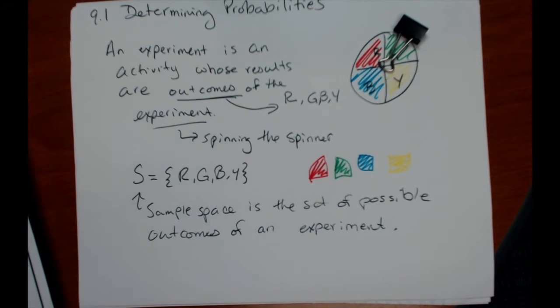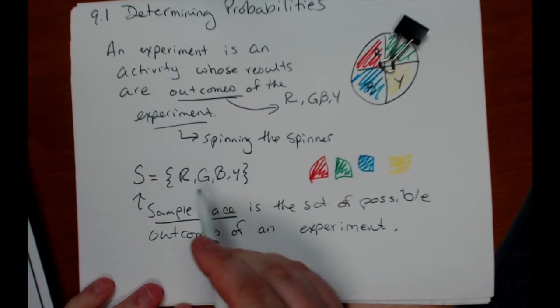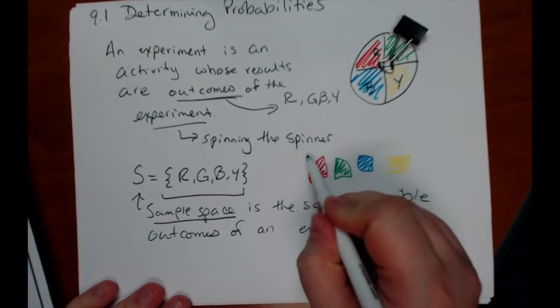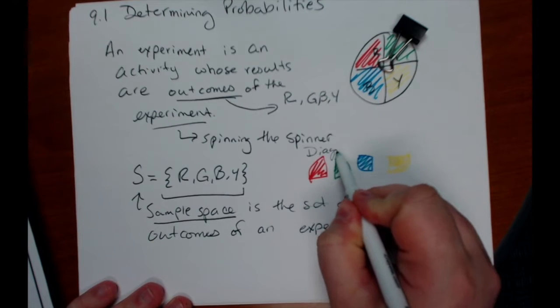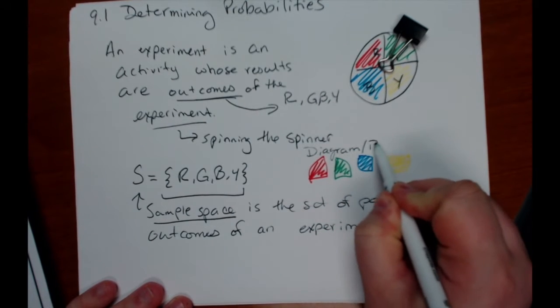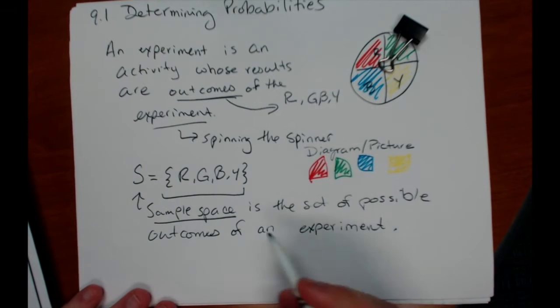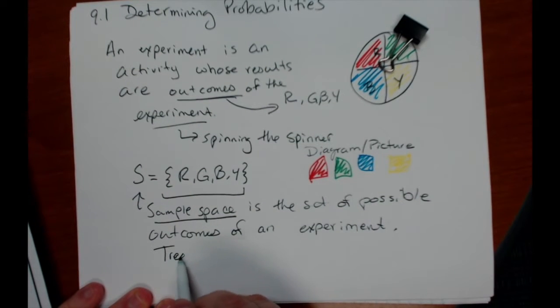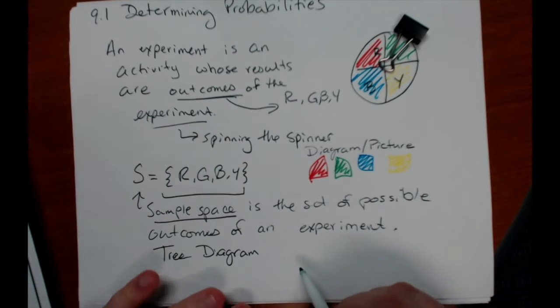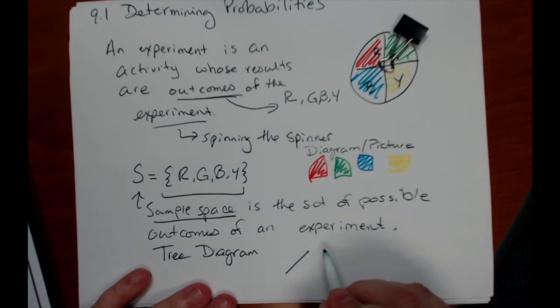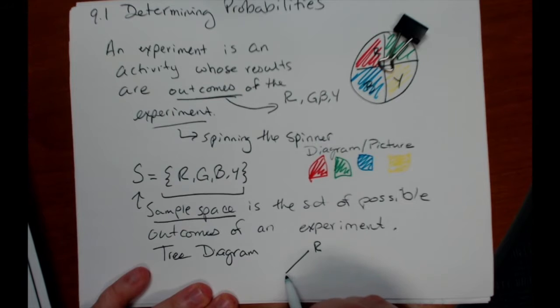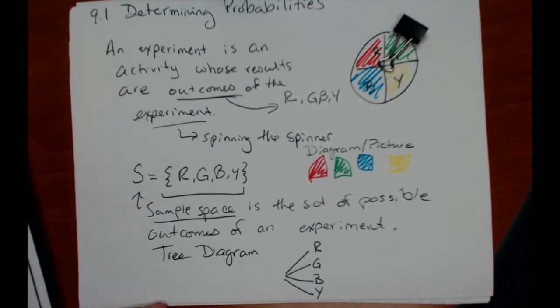But we can also write a sample space as this set. We could use a diagram or picture that shows all possible outcomes, or we could use a tree diagram. So a tree diagram says from a given spin, we could either get red, or green, or blue, or yellow.